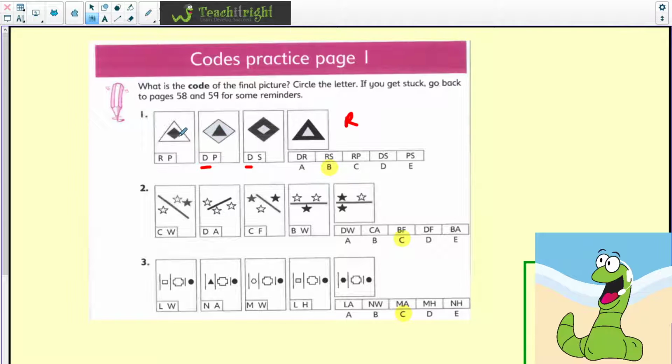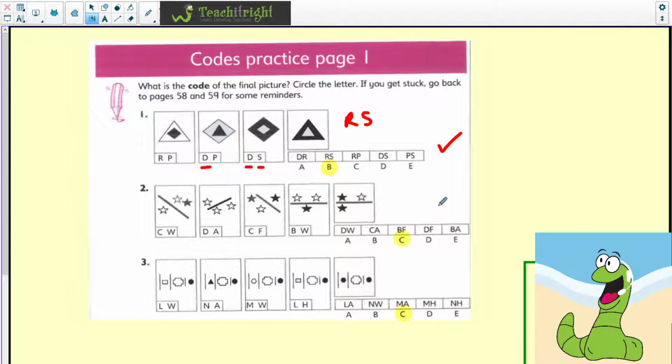Yes, because we've got two bold there. So let's just make sure that that's correct. Yeah, so we've got the S stands for the grey and then the P stands for the black. So the answer is going to be RS because the S has the grey, as you can see, look, in the middle there. So well done if you got that one right.